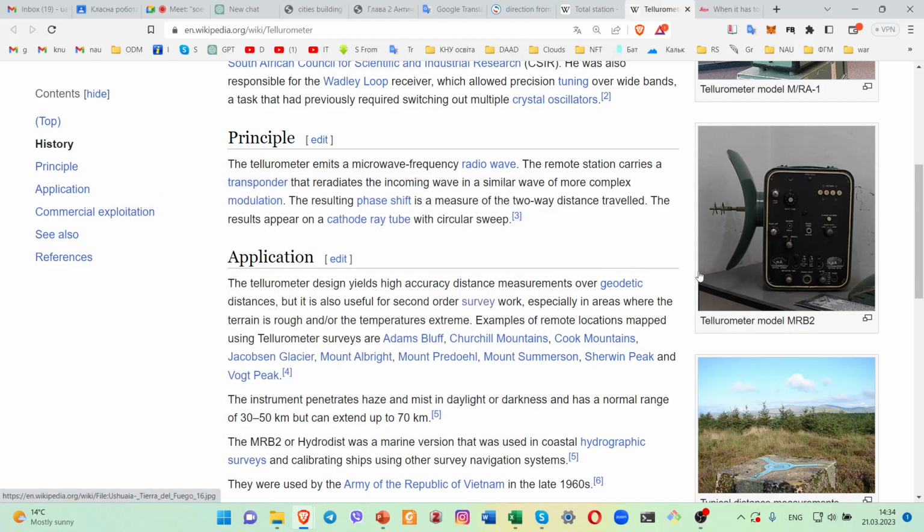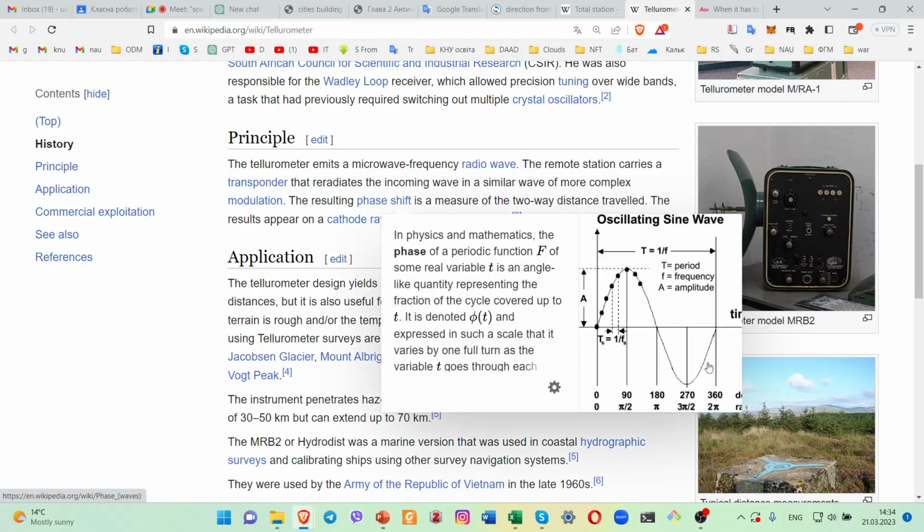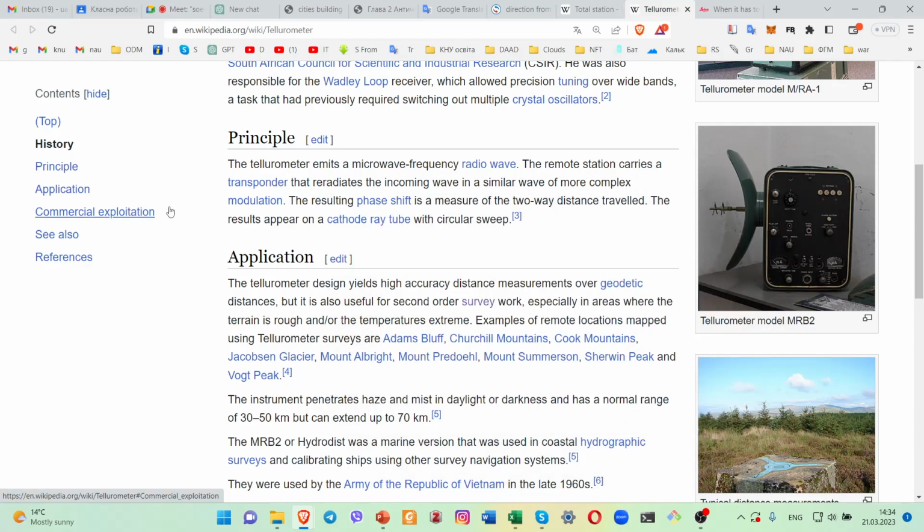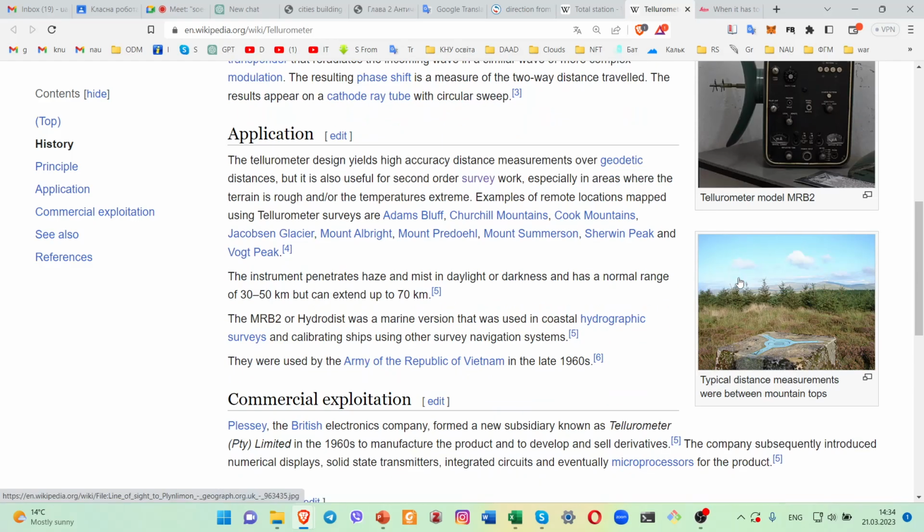The remote station carries a transponder that radiates the incoming wave in a similar way or with more complex modulation. The resulting phase shift, you can see the phase of an electromagnetic wave, is a measure of the two-way distance traveled. The results appear on a cathode ray tube with circular sweep.